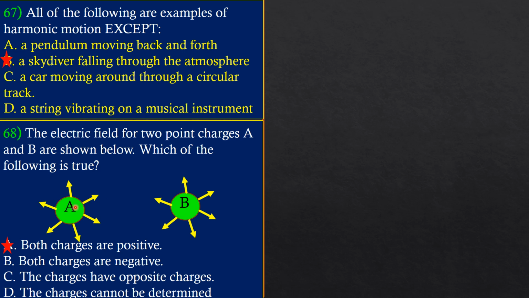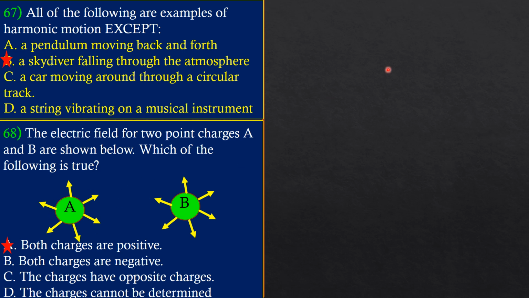For positive charges, the electric fields are leaving the positive charges and entering the negative, so they must be positive. Then C, the charges have opposite charges. Not enough. Option D, the charges cannot be determined. Yes, but they are both positive. So option A is the best.